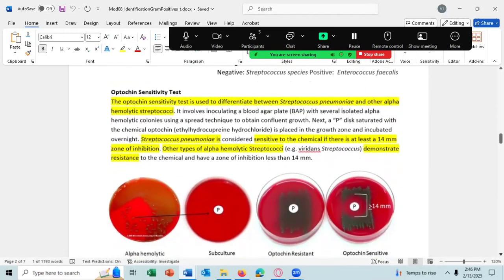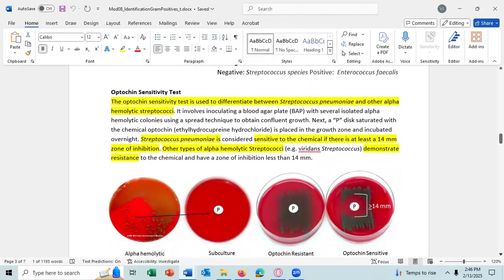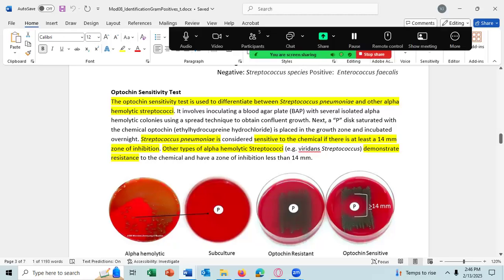All right, let's talk about the optochin sensitivity test. The optochin sensitivity test is used to differentiate Streptococcus pneumoniae from other alpha hemolytic streptococci. So you have something growing on your blood agar plate, and you know it is of the family Streptococcus.